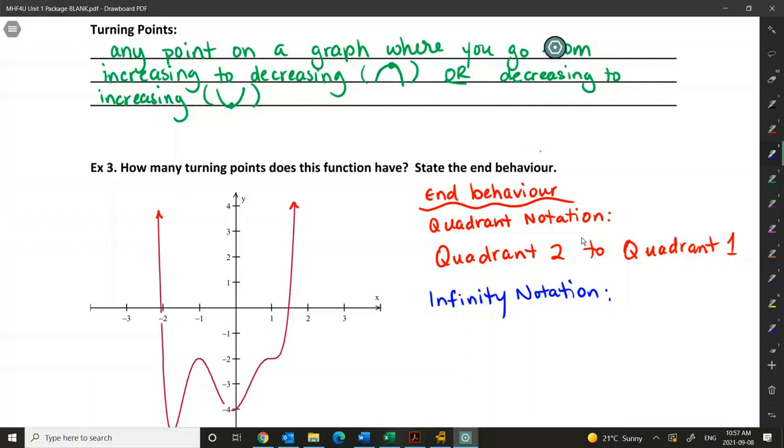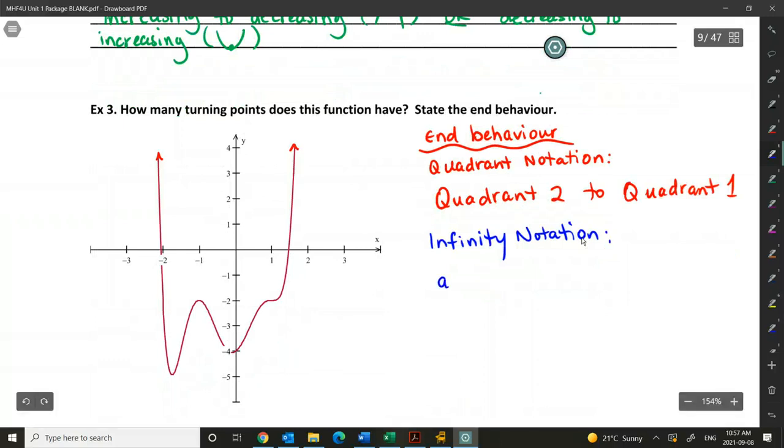So does anyone feel confident that they could state infinity notation for this one? Or just want to put yourself out there to kind of guess? Mathushini? And you want to do the second part?